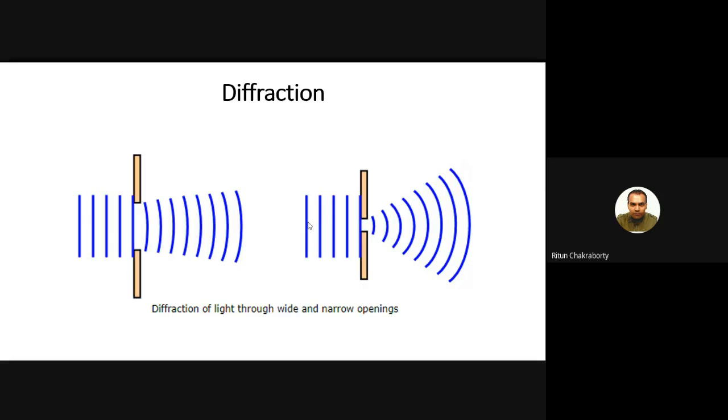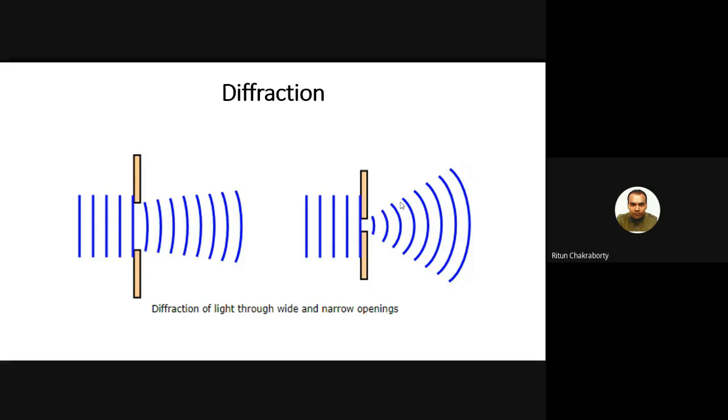These light waves which are traveling in a straight line from the left, and this opening is very narrow. What happens in that case? The light waves deviate widely. You see the difference of deviation between this figure and this particular figure.